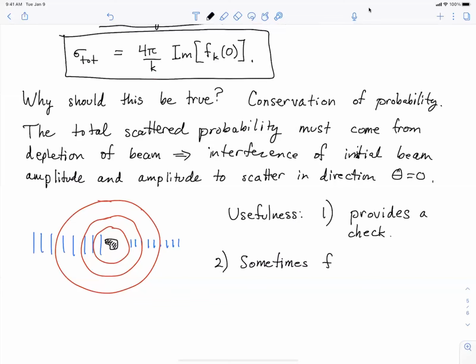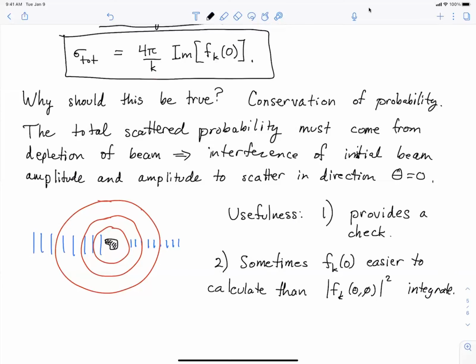So sometimes f_k of 0 is easier to calculate than the integral of f_k of theta and phi squared. Because for the forward scattering amplitude, you just need to know that one number, you don't need to have the whole function.